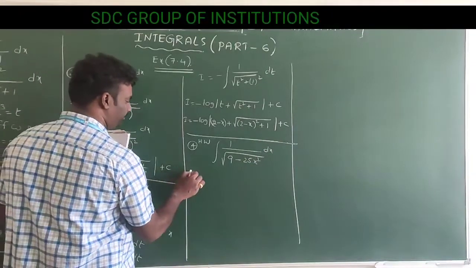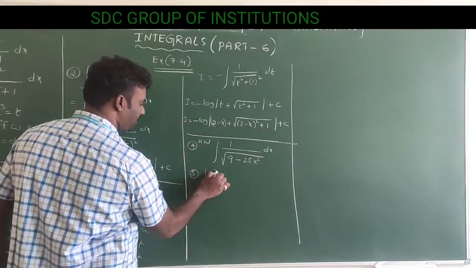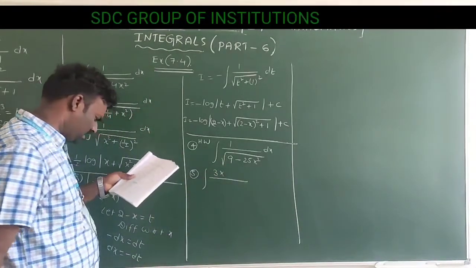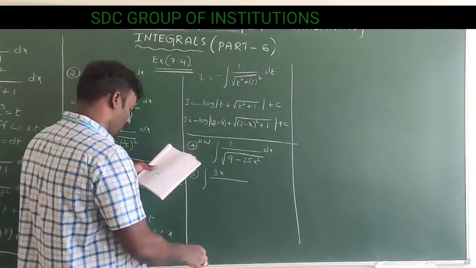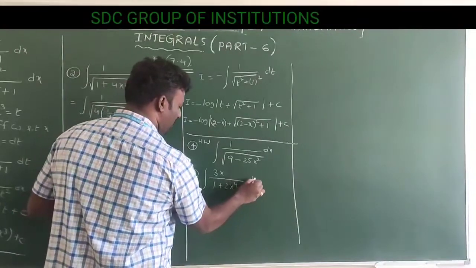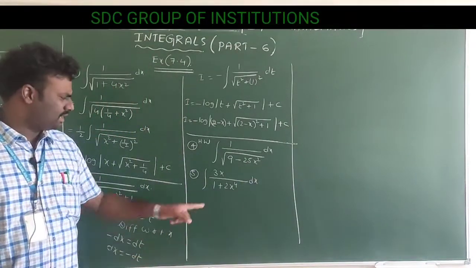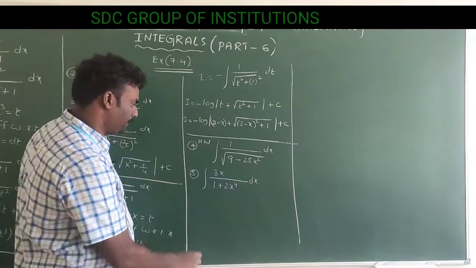Next, fifth. Evaluate integral 3x by 1 plus 2x power 4 dx. Okay.